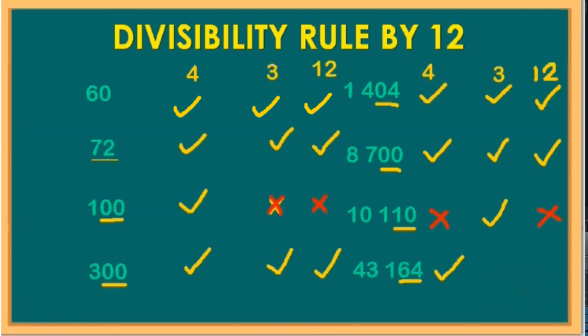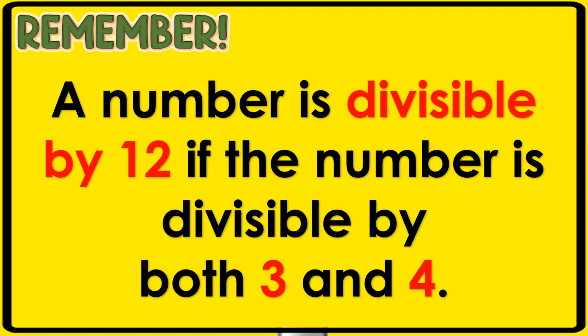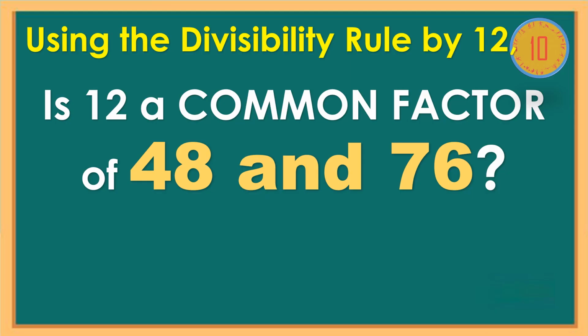Let us add the digits. 4 plus 3 is 7, plus 1 is 8, plus 6 is 14, plus 4 is 18. So it is divisible by 3 because 18 is divisible by 3. Therefore, 43,164 is divisible by 12. Remember, a number is divisible by 12 if the number is divisible by both 3 and 4, using the divisibility rule by 12.